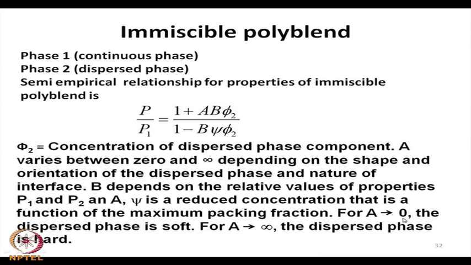For A tending towards 0, the dispersed phase is soft. For A tending towards infinity, the dispersed phase is hard. So, the value of A and the value of B and the concentration of the component polymers determine the overall property P of the polymer blend.